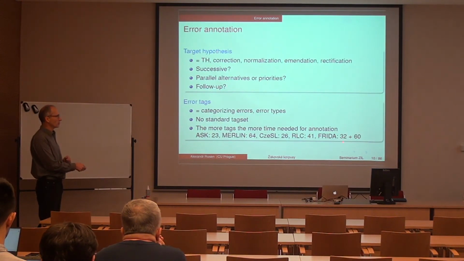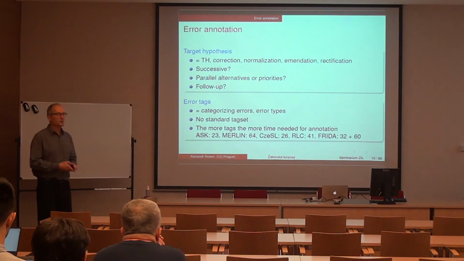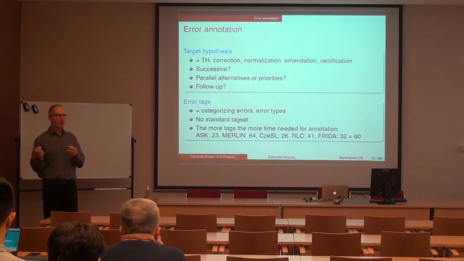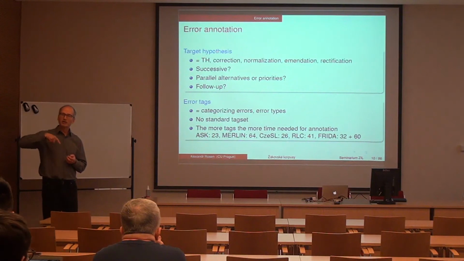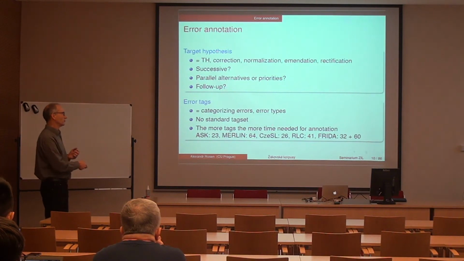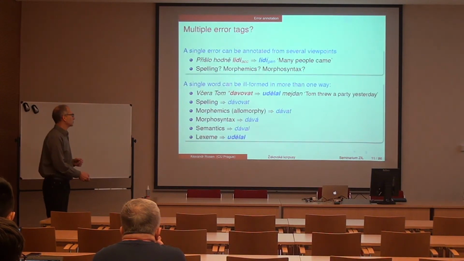Some people have 92, and it depends on whether you have some reliable linguistic annotation. Maybe you don't need to decide whether this agreement error is within a noun or verb. Maybe you can just say this is an agreement error, and whether it's nominal or verbal comes from the linguistic annotation, right? So that's why those differences can be so big.